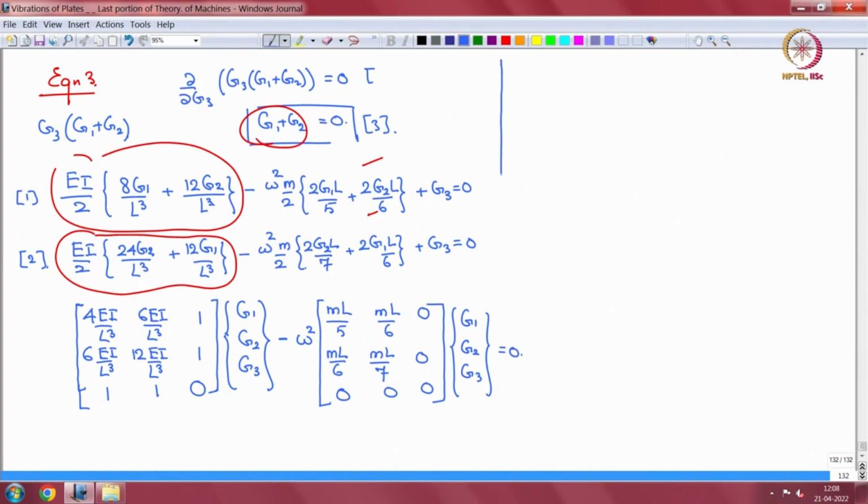Okay, so this is the set of matrices you get for a cantilever beam plus a constraint on the right side.